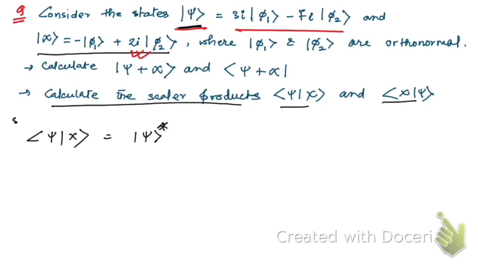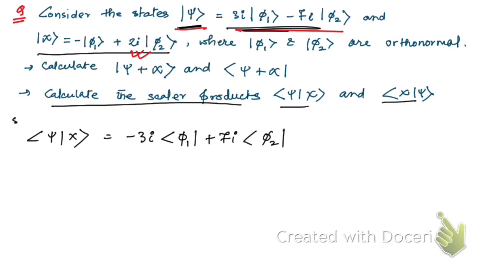Then that's going to be equal to, if you take the complex conjugate of this one, this 3i will be minus 3i, then bra phi 1, then this minus 7i will be plus 7i after taking the complex conjugate, and bra phi 2, right?